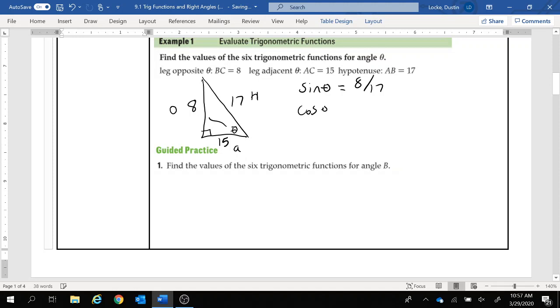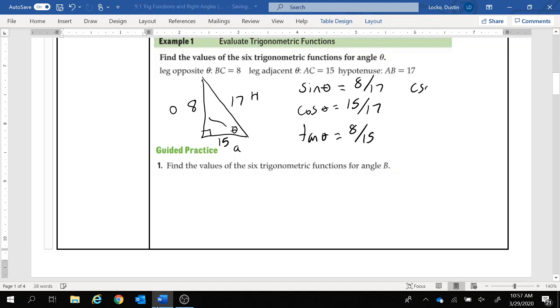Cosine theta is now going to be the adjacent side of 15 over the hypotenuse side of 17. And then tangent is going to be opposite over adjacent, so 8 over 15. And those are your 3 main ones again.